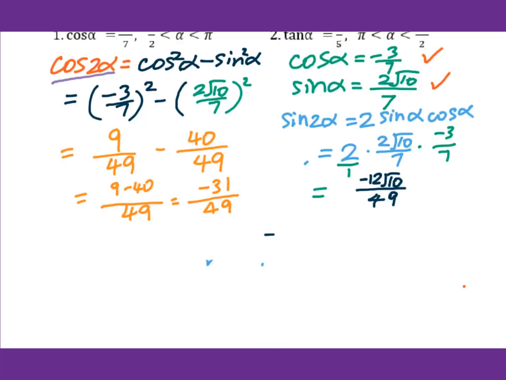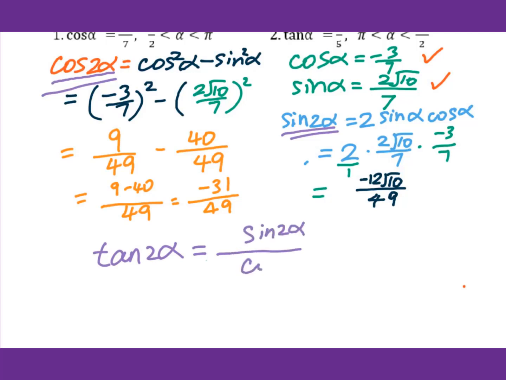Since we have cosine 2 alpha and sine 2 alpha, we can work on tangent 2 alpha. That is sine 2 alpha over cosine 2 alpha, which equals negative 12 square root of 10 over 49, divided by negative 31 over 49.